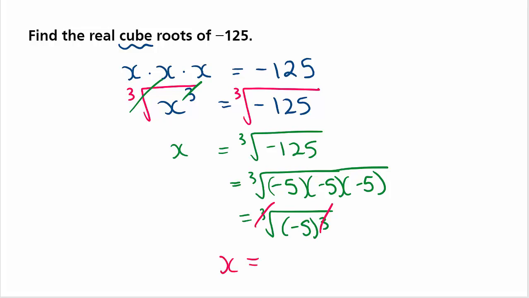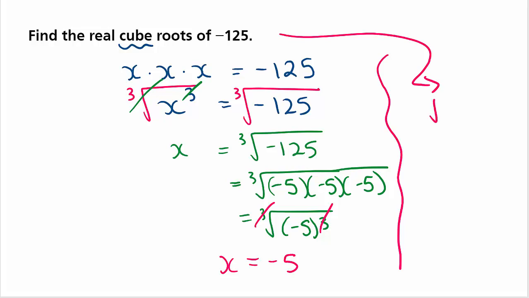So we're left with x is equal to negative 5. Do you need to show all these steps? Nope. I'm showing all of these steps because I want you to understand why this is the case. But really, your solution could just be the cubed root of negative 125 is equal to negative 5.